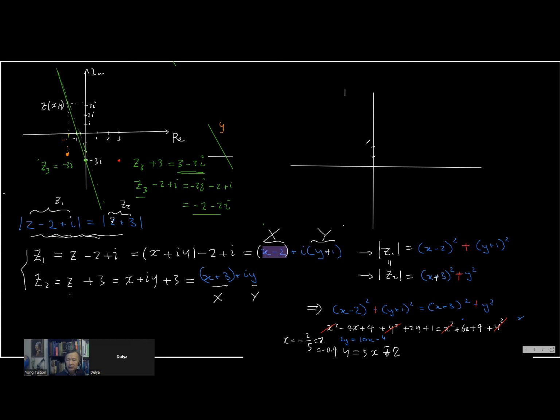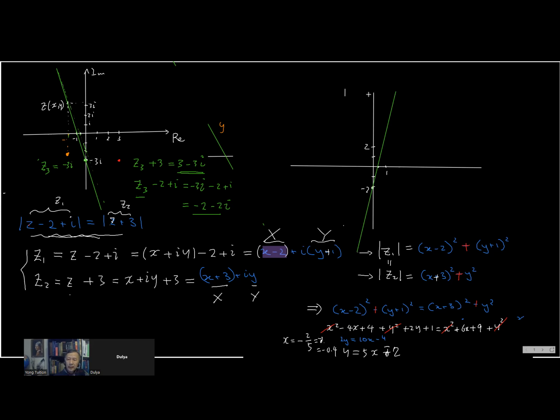The y-intercept is -2, so this -2 here, right? And this 1 here is a positive 0.4, right? It will be here. Yes, that is the correct drawing. Can you see?